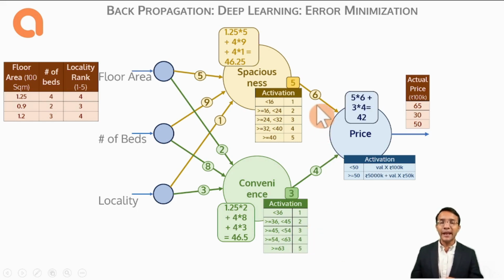Moving forward, applying these parameters, or these activations like 5 spaciousness and 3 convenience, we multiply these random coefficients with 5, like 6 multiplied by 5, and 3 multiplied by 4.